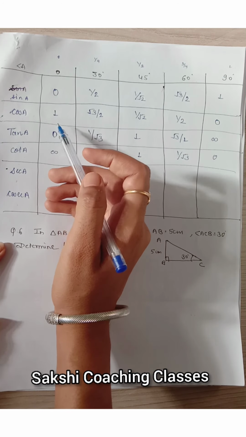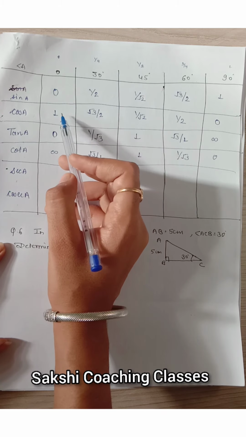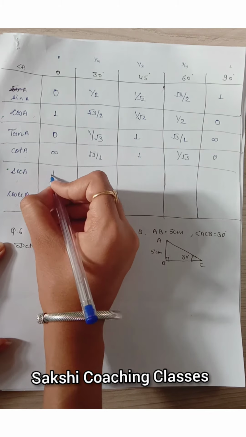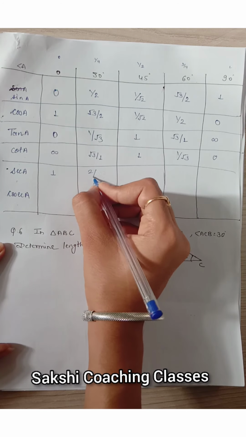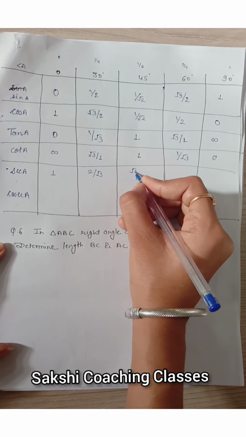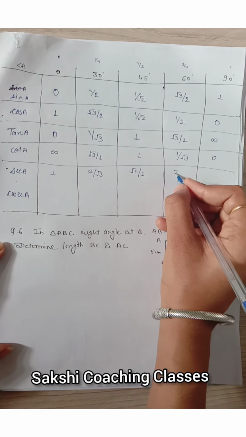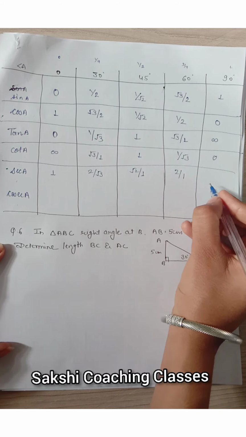So we will divide the values of cos into 1. So 1 divided by 1, it's 1. 1 divided by √3/2, it's 2 by √3. 1 divided by 1/√2, it's √2/1. Reciprocal करना 2 upon 1, and 1 divided by 0, it's infinity, not defined.